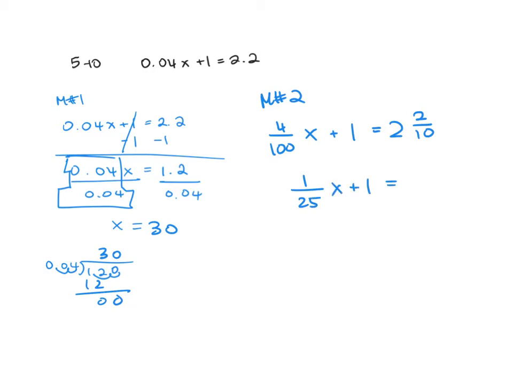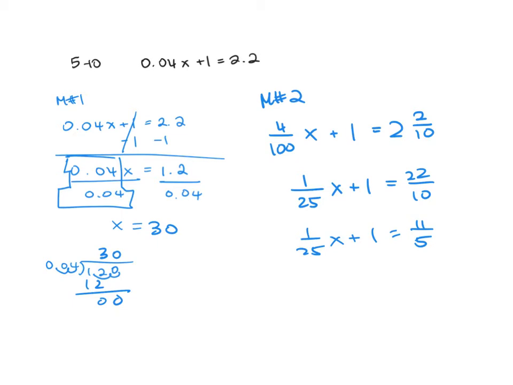And I like working with improper fractions more than mixed numbers, so I'm going to make it 22 over 10. And then I can also simplify the 22 over 10, so I'm going to change that to 11 over 5.